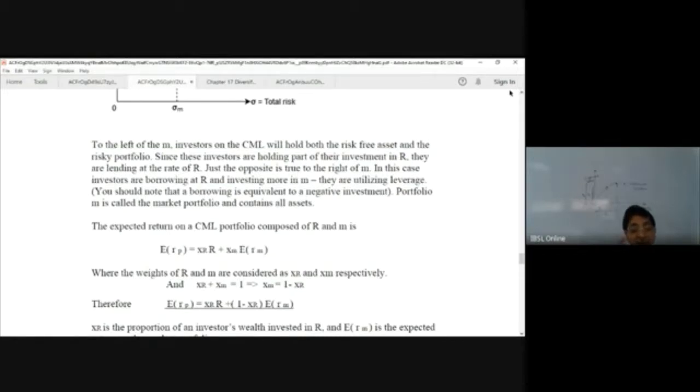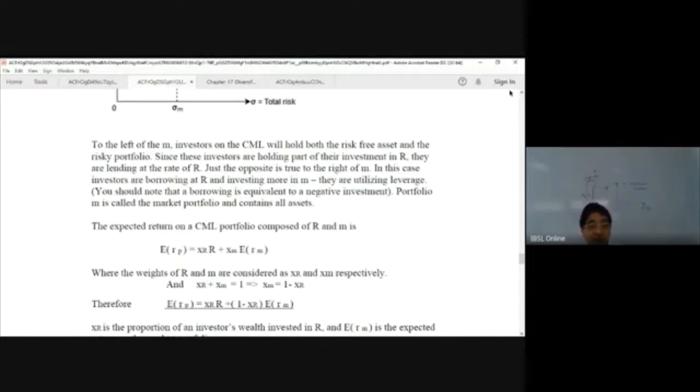You have a weight or portion of XR in the portfolio of risk-free assets. You have a portion of XM of risky assets in your portfolio. Therefore, the expected return for the portfolio is given by XR into R plus XM into ERM. How it is given here, where the weights of R and M are considered as XR and XM respectively.